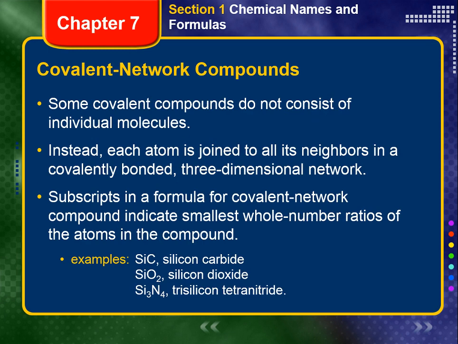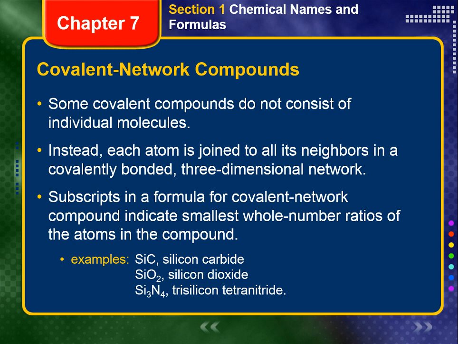Covalent-Network Compounds. As you read in Chapter 6, some covalent compounds do not consist of individual molecules. Instead, each atom is joined to all its neighbors in a covalently bonded three-dimensional network. There is no distinct unit in these compounds, just as there is no such unit in ionic compounds.